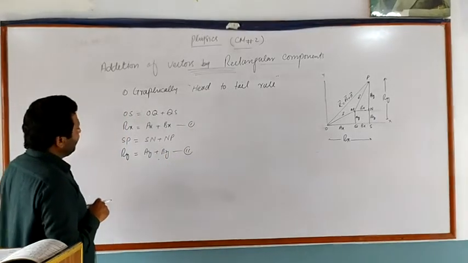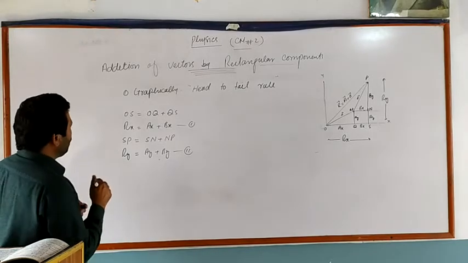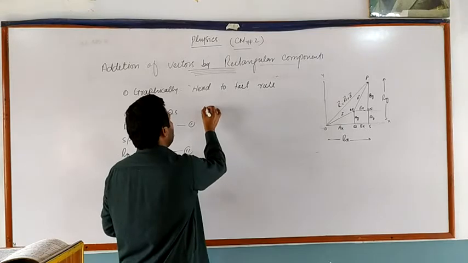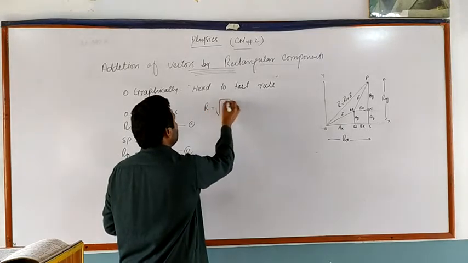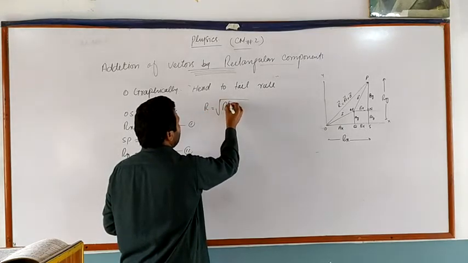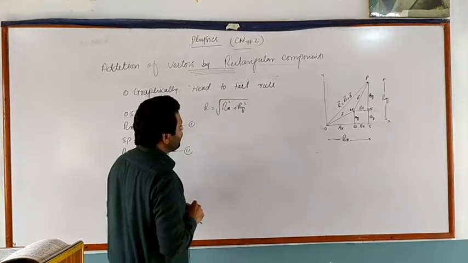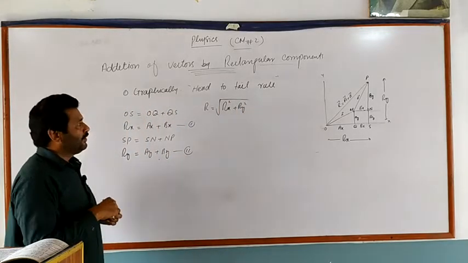We know that the magnitude of a vector, suppose vector R, can be calculated by the formula R is equal to the square root of Rx squared plus Ry squared, which is also called the Pythagorean theorem.